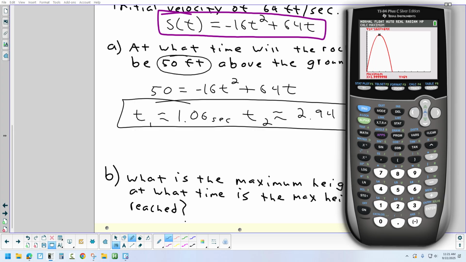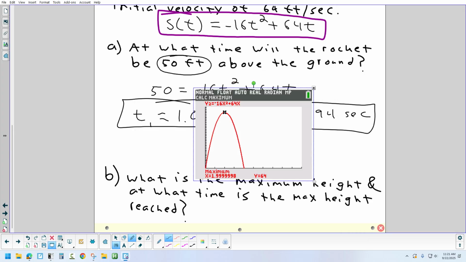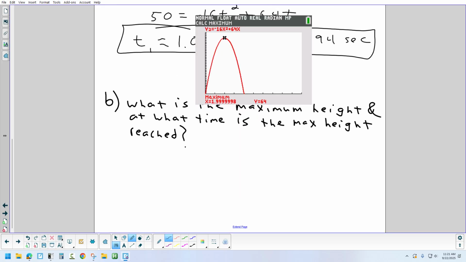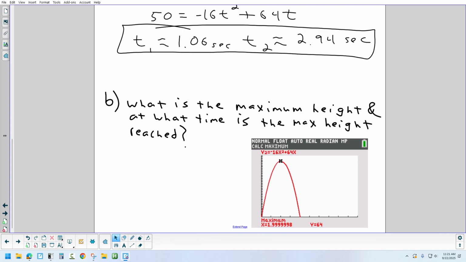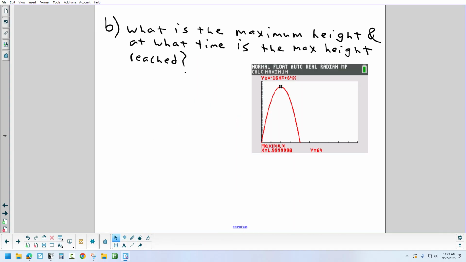And that's what we got. Now, I did this in the other class before, and they got 2.00000001. I got 1.9999998. Anybody get the 2.0 number? It's basically the same thing. I'm going to round it. So first question, what is the maximum height?